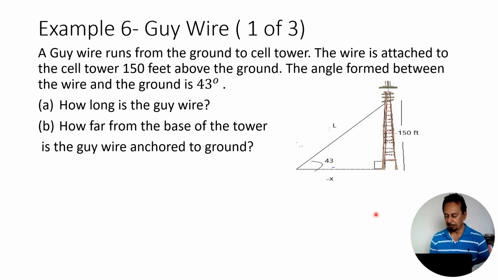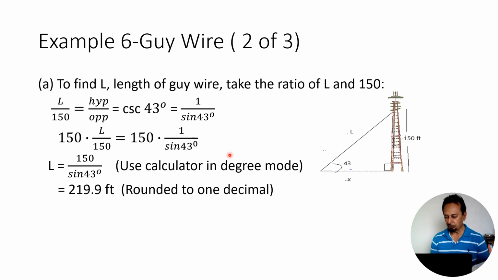So to find the length of the guy wire L, we can take the ratio of L to 150. So this becomes L over 150 equals the hypotenuse over opposite. And hypotenuse over opposite is cosecant 43 degrees.